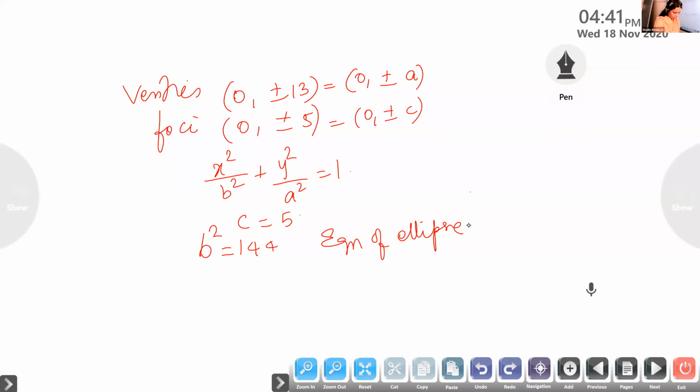I didn't get that, ma'am. You didn't get. What is the equation? You substitute there. Okay, equation you know, isn't it? x square by b square plus y square by a square. So substitute this and tell me the answer.